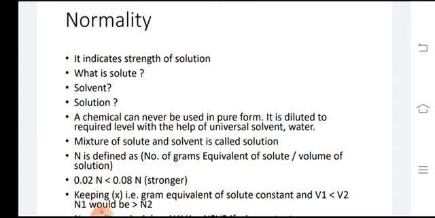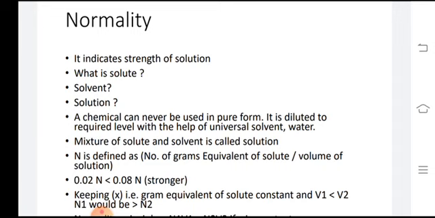So if we have a higher value in the numerator, then we have a comparison. Especially when the volumes of solution are the same and only the solute is changing, a higher gram equivalent of solute means a higher strength, and a stronger compound will be formed.